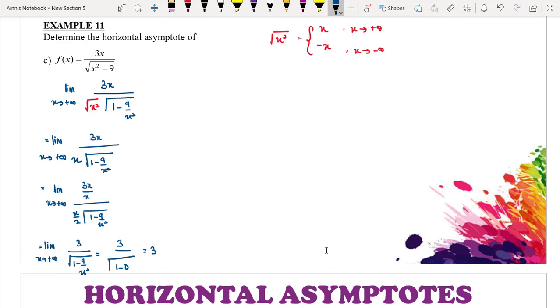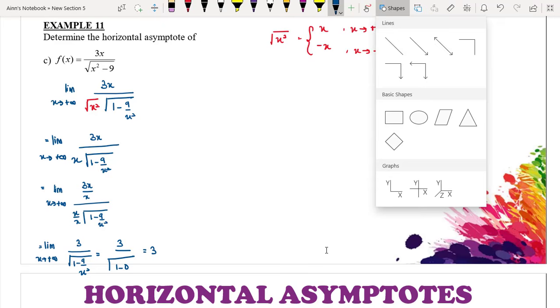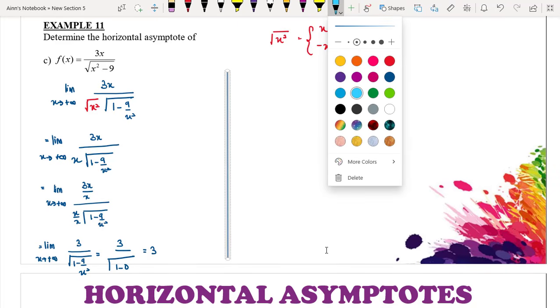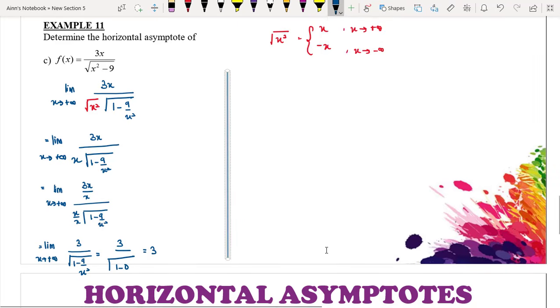We haven't finished yet because we have to do the second part, which is the limit as x approaches negative infinity. Now we have the limit as x approaches negative infinity of 3x over the square root of x squared minus 9.